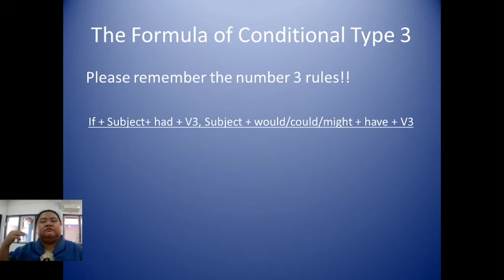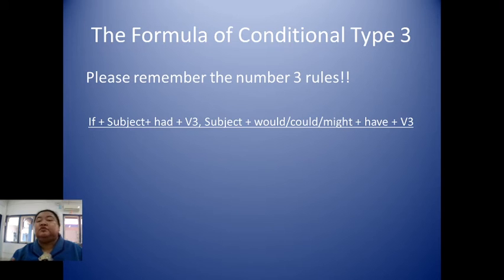Okay, now the last thing would be the formula. So just like I said before, in 11th grade, remember the number 3 rules? It means that you have to use verb 3. The if clause would be: if, subject, had, and then you go with verb 3. Remember that verb 3 cannot stand alone. And then for the result clause, you will have subject, would, could, might.